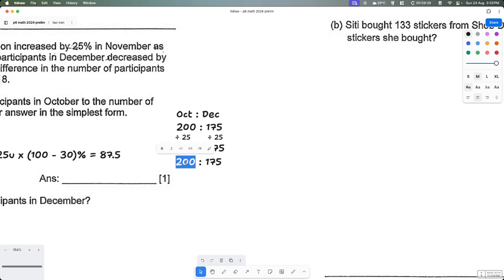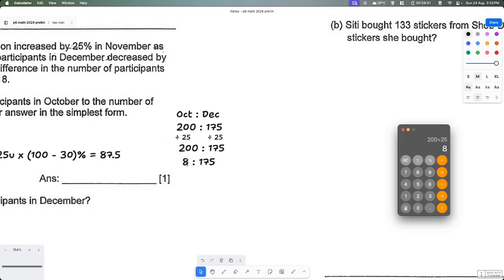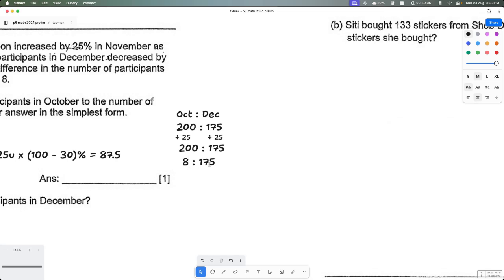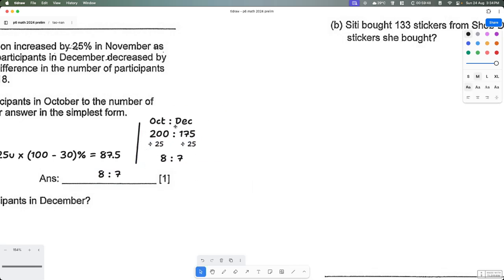And then 175 divided by 25 will be 7. Alright, so there you go. The answer is 8 is to 7. You just copy and paste it over here. That's the answer. Alright, let's move on to the next question.